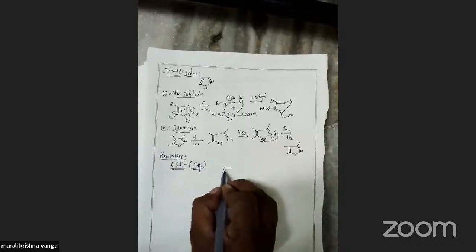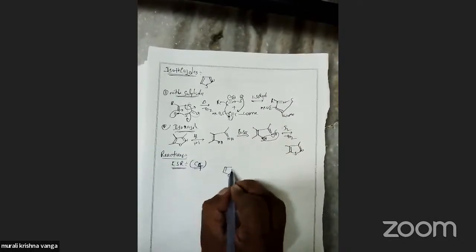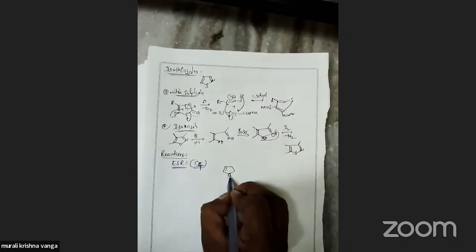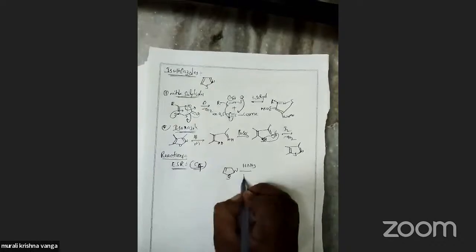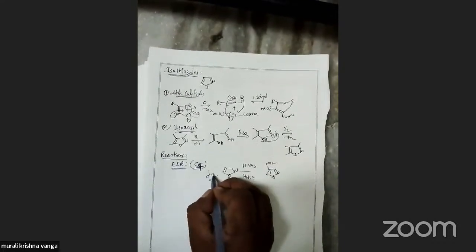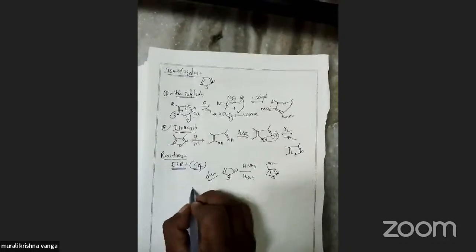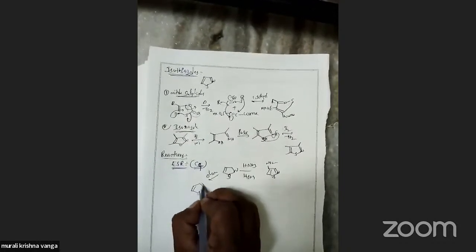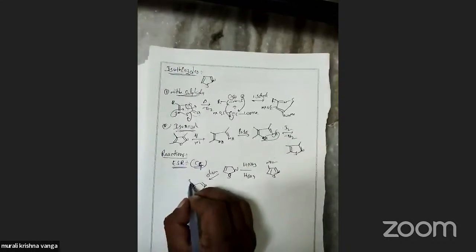Therefore isothiazoles undergo nitration, and with oleum, sulfonation. The product is formed like this.